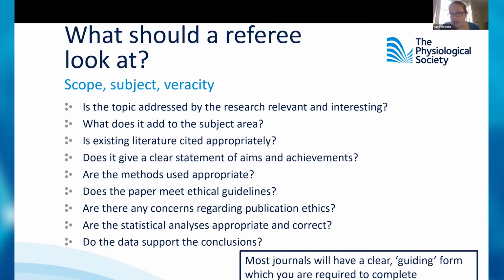Is it sort of ethically sound? And most journals will give you a form to fill in, which will help you, so give you pointers as to what to look at. But really, it's looking at your subject area and seeing what they're adding to it, and do their data support the conclusions that they report in the paper.